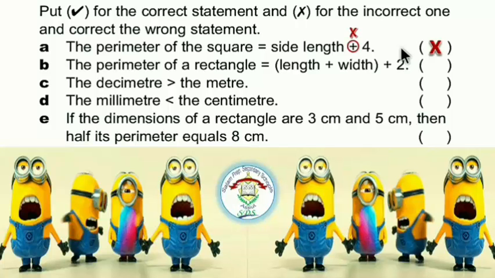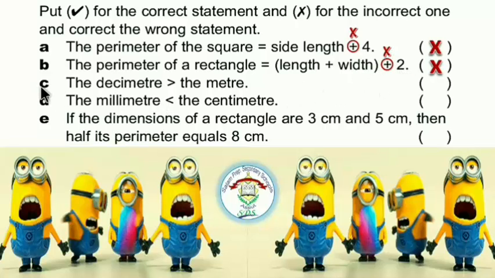Correct is, instead of plus, put times: side length times 4. Second one, the perimeter of rectangle equals length plus width all plus 2. That's false. Correct is, instead of plus, put times: length plus width all times 2.